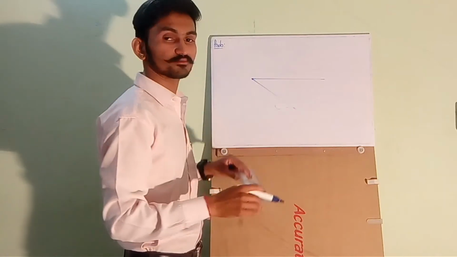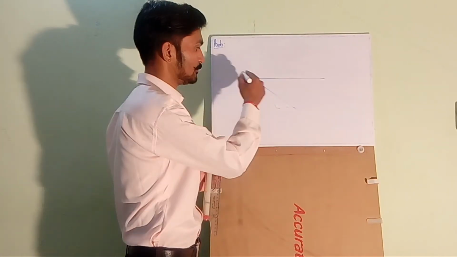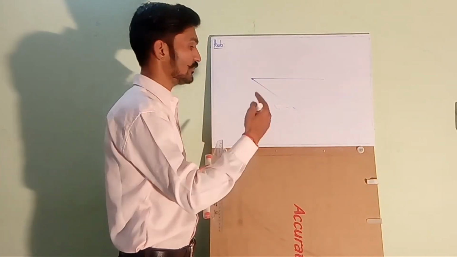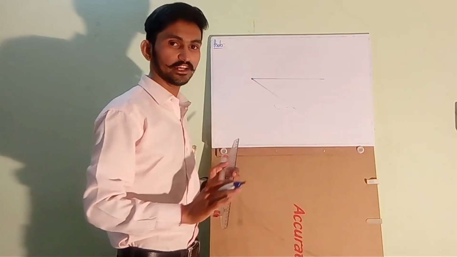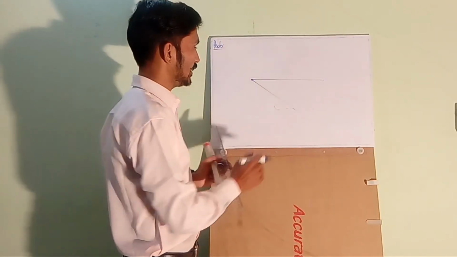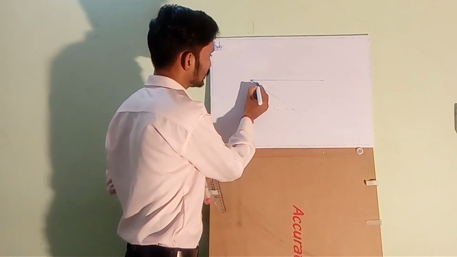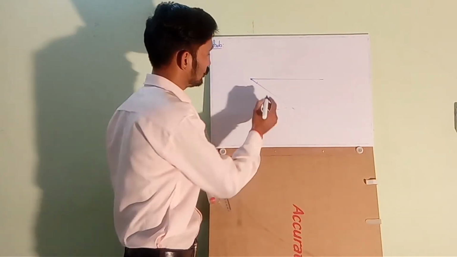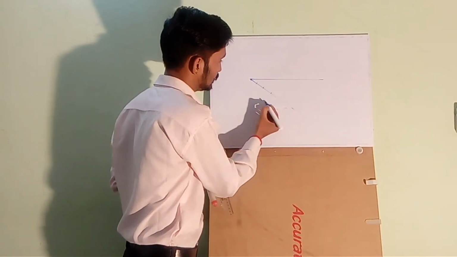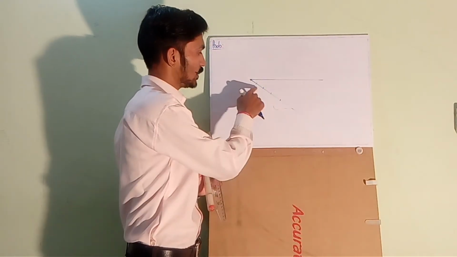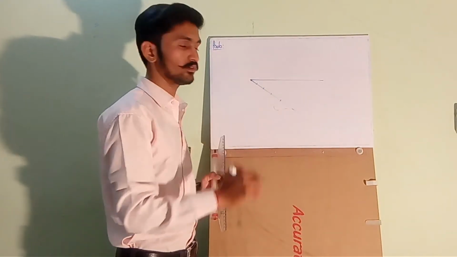The process is pretty similar to the plane scale. We have to draw a line of any length at any random angle, and we will be cutting arcs 1, 2, 3, 4. So I have divided this line into 4 equal parts.